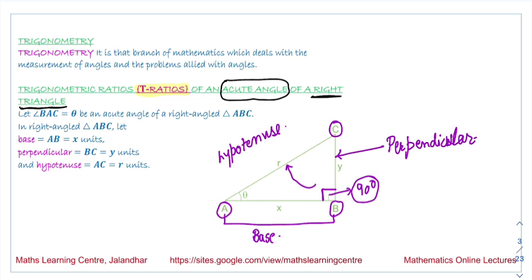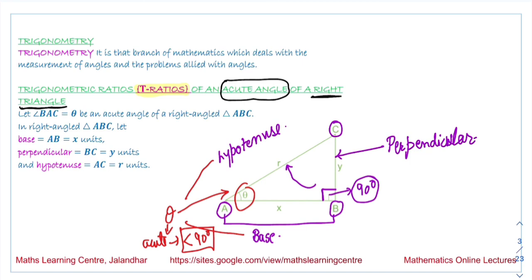And we are talking about the angle theta, that is the angle between base and the hypotenuse. This is the angle theta we are talking about. This angle is an acute angle. Acute angle means the value of this angle is less than 90 degrees.